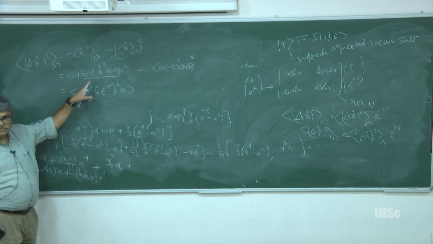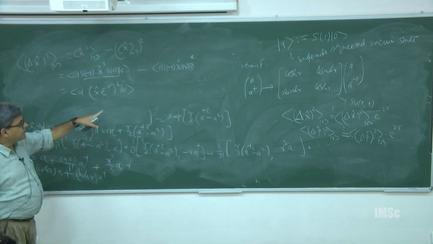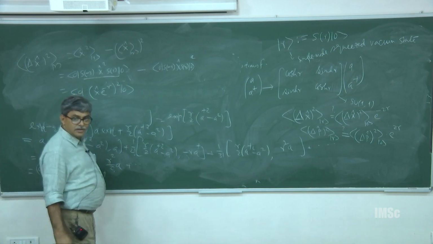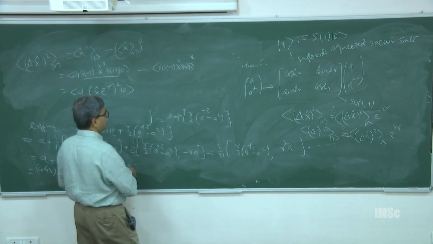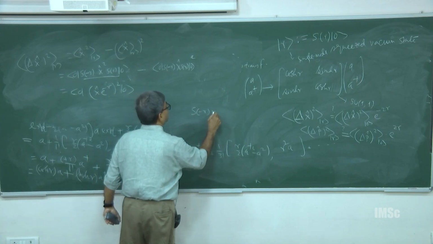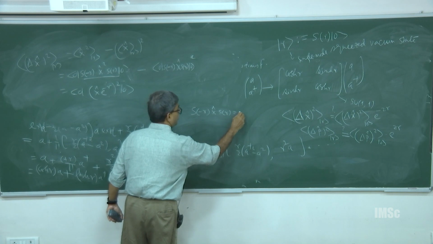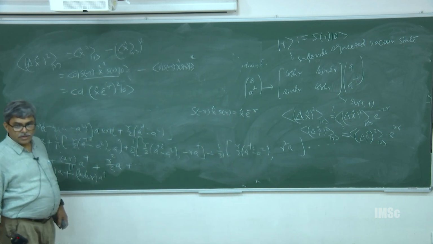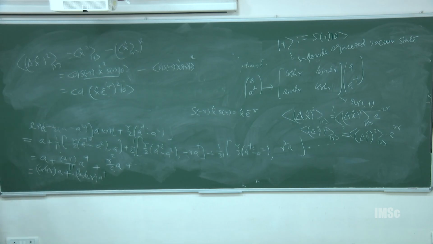What was the action I said? We can put an x inside, S minus r x S r. Is it not true? This is true. Yeah, so you have just take square of that.